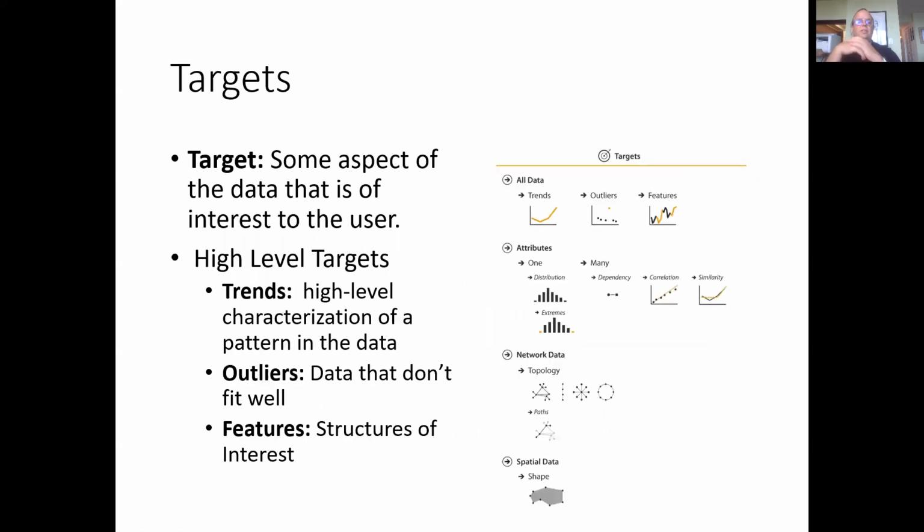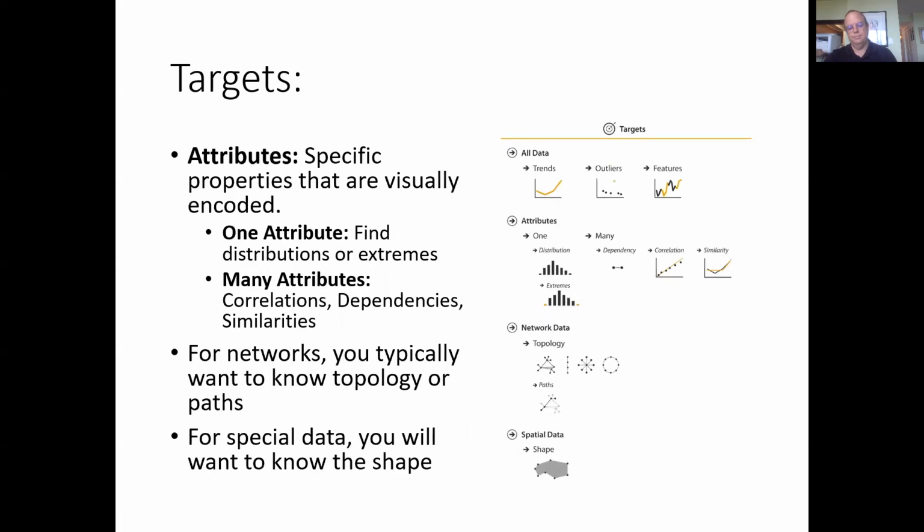And then a target is some aspect of the data that is of interest to the user. So high-level targets are trends and outliers, which are data that don't fit well, and features, which are structures of interest. We can also look at the attributes of the data in terms of targets. Specific properties are visually encoded.